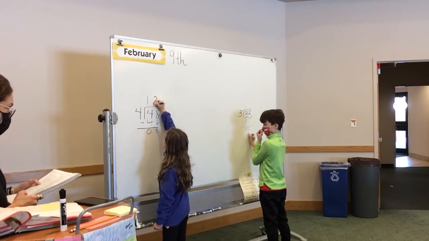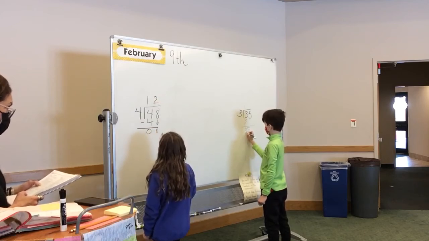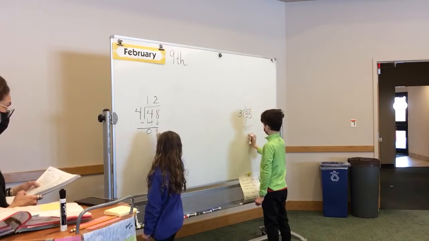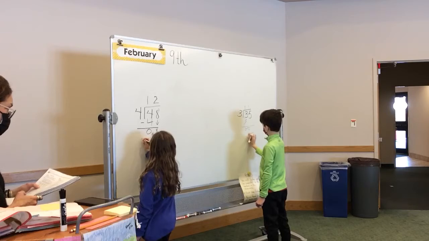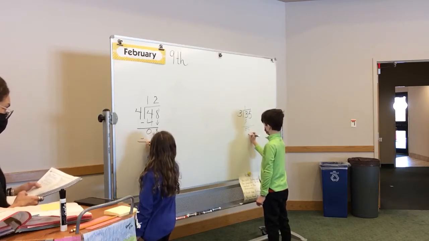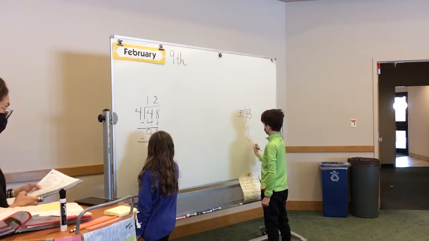How many times does 3 go into 5? No, so the 1 goes up on top. There you go. So what is 1 times 3? Or 3 times 1? Yep, there you go. So you subtract 5 minus 3. There you go.